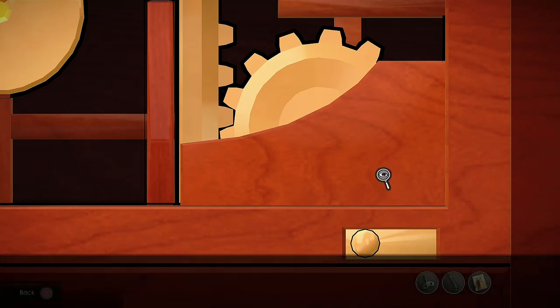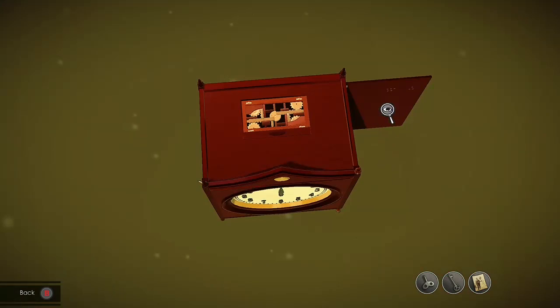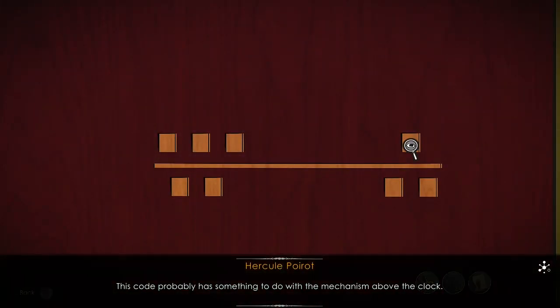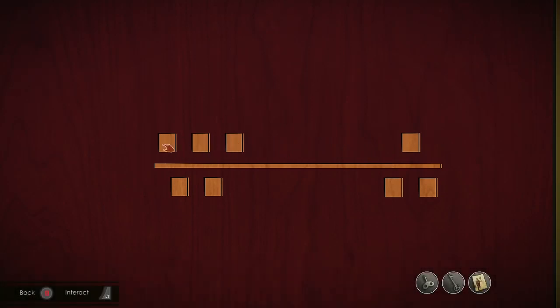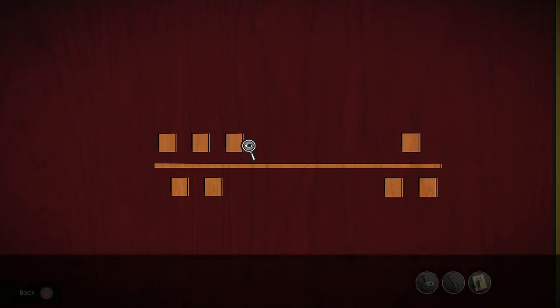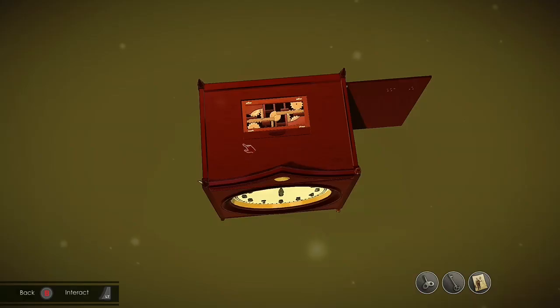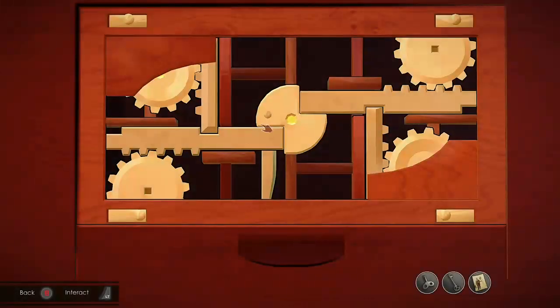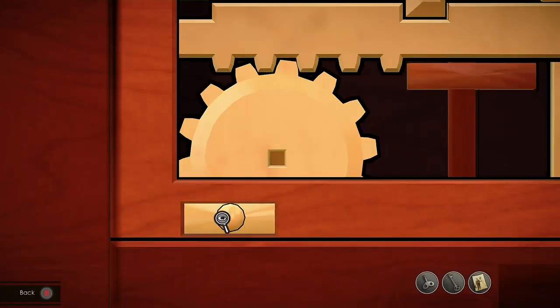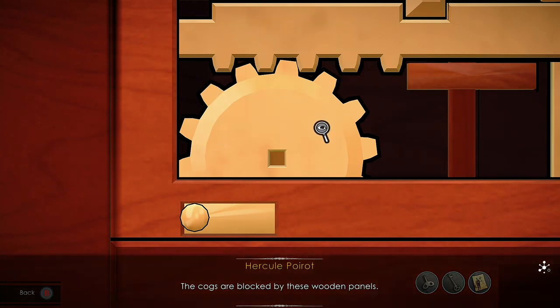This code probably has something to do with it.